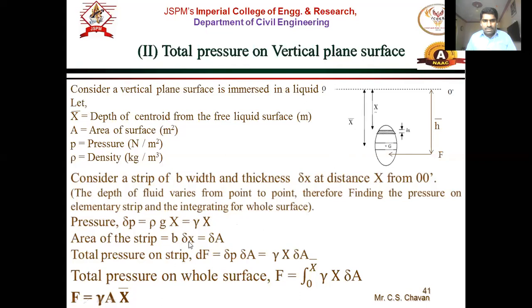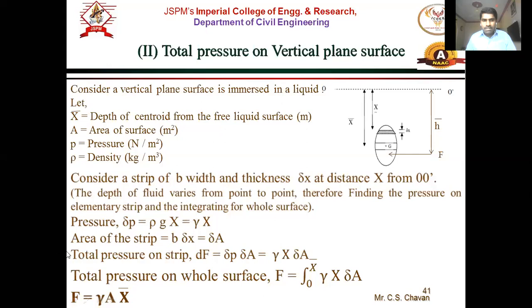Now we are only considering the strip. So total pressure force will be pressure into area, right? So the total pressure on the strip, delta F, is delta P into delta A, that is gamma x into delta A, right?